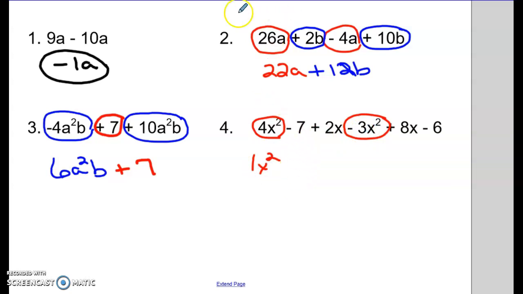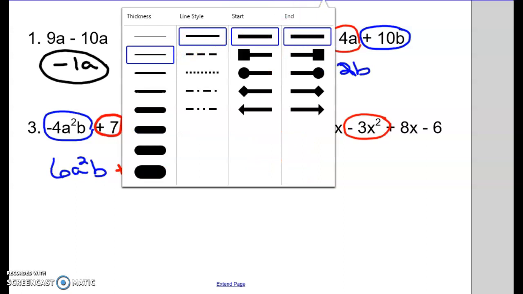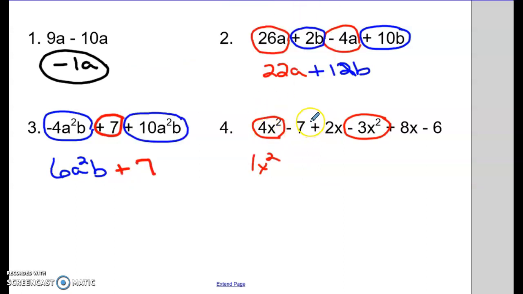Then we also have a constant term, -7, which can combine with this -6. So -7 minus 6, if you plug that into your calculator, you will get -13.